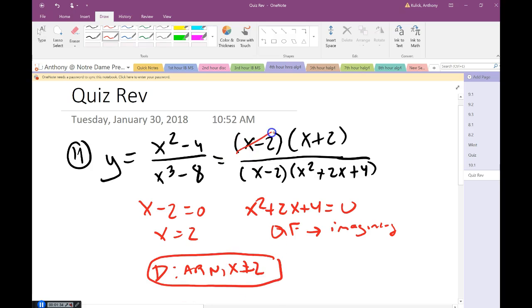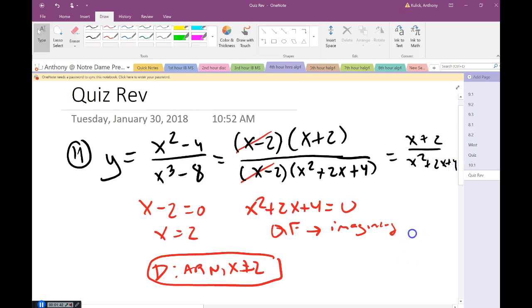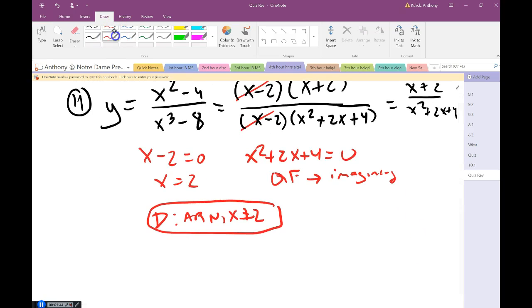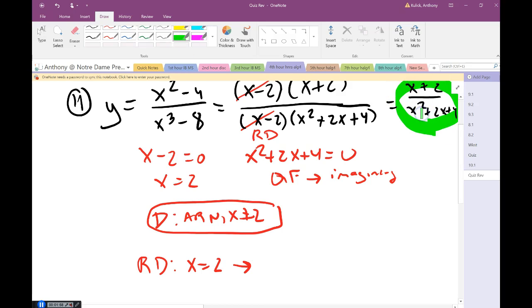Now I notice here that this reduces to this. So this part that I've reduced away gives me a removable discontinuity at x equals 2. And when I plug that in to my reduced function, I can get the y coordinate for that discontinuity.